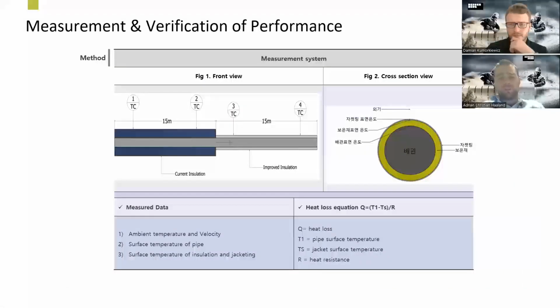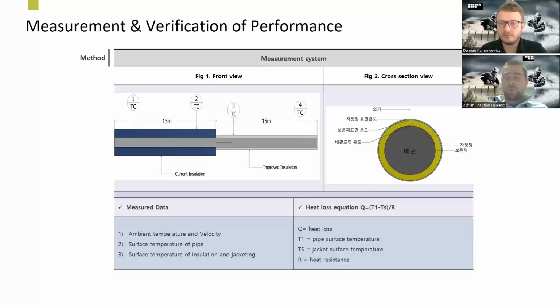The last part of the project, we wanted to see how does the calculation match reality. The calculations they're fancy, they're promising big numbers and savings, but we want to measure how does the estimated savings compare to the real life savings before and after we improve the insulation system.